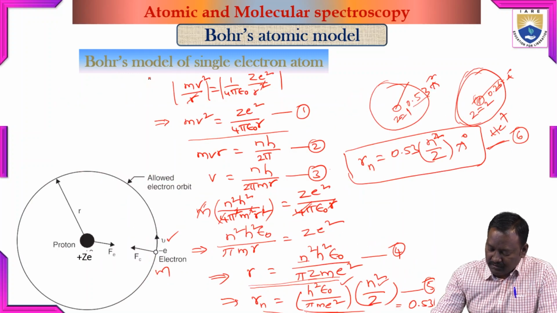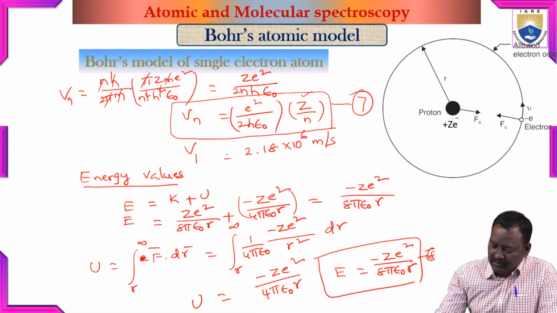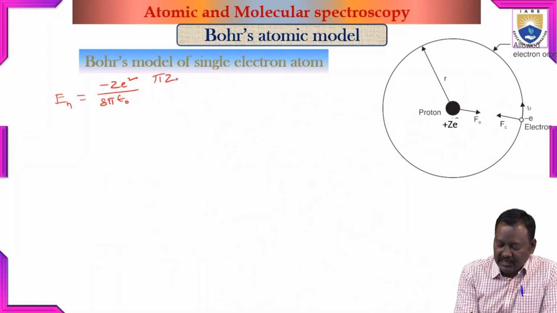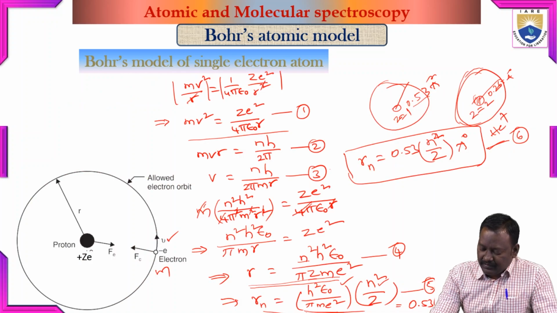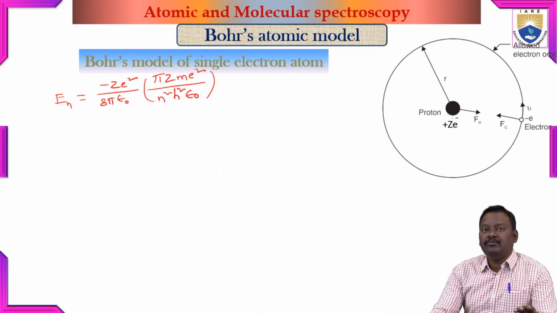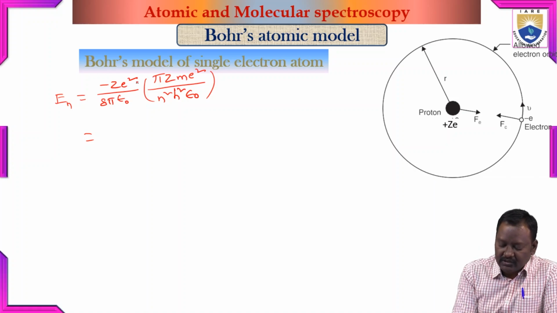So here we can take the inverse of this equation, that means pi Z m e square by n square h square epsilon naught. Let us simplify here also. Z into Z, Z square, e square, e power 4.